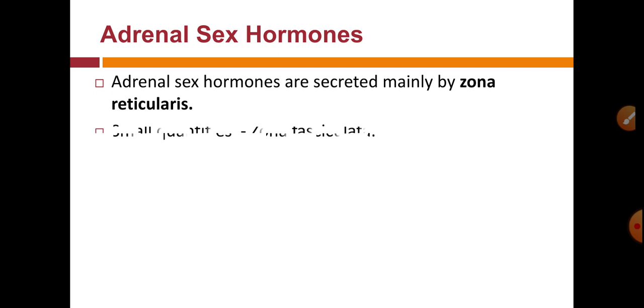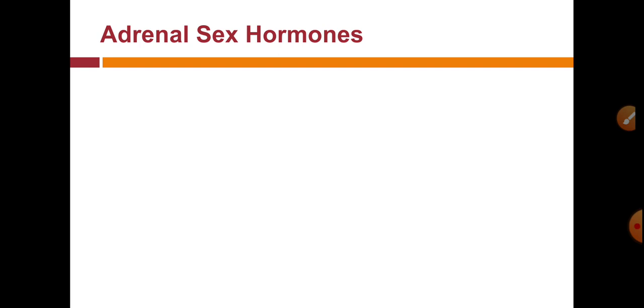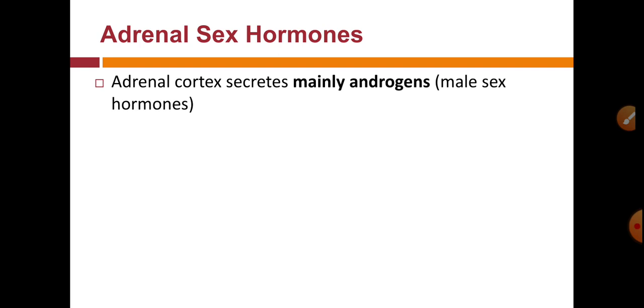Adrenal sex hormones are secreted mainly from the zona reticularis, while a small quantity is secreted from the zona fasciculata. The adrenal cortex secretes mainly androgens, that means mainly male sex hormones rather than female sex hormones.